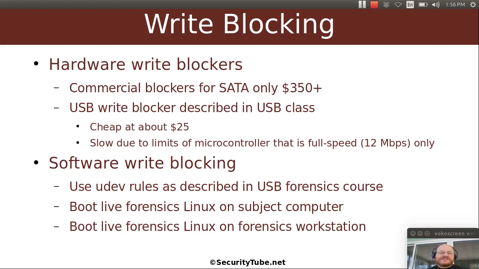The nice thing about these, they're cheap. They cost you about $25, but they're very slow. The microcontroller that I used to develop those is limited to full speed, or 12 megabits per second only. And it's great for thumb drives, but if you have a 3 terabyte hard drive, you probably want something else.